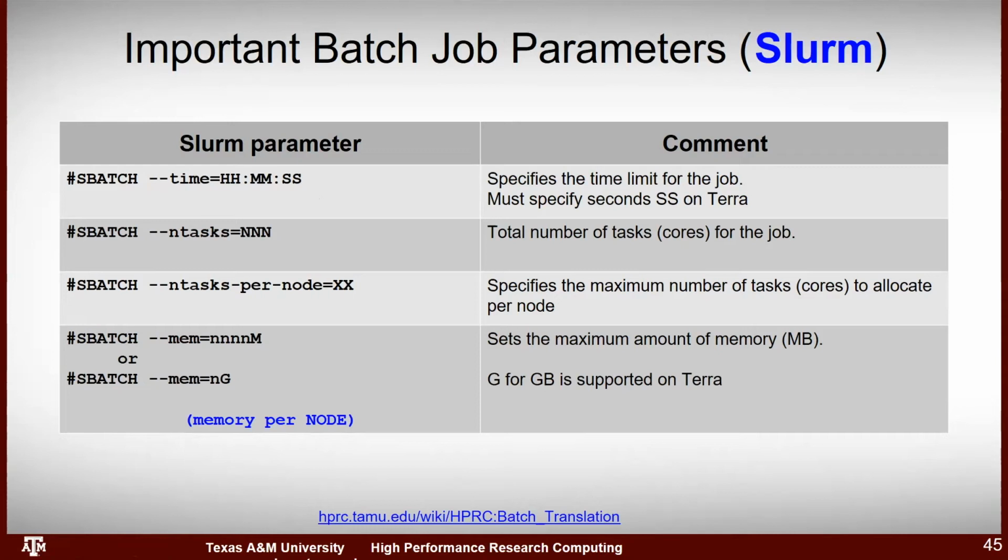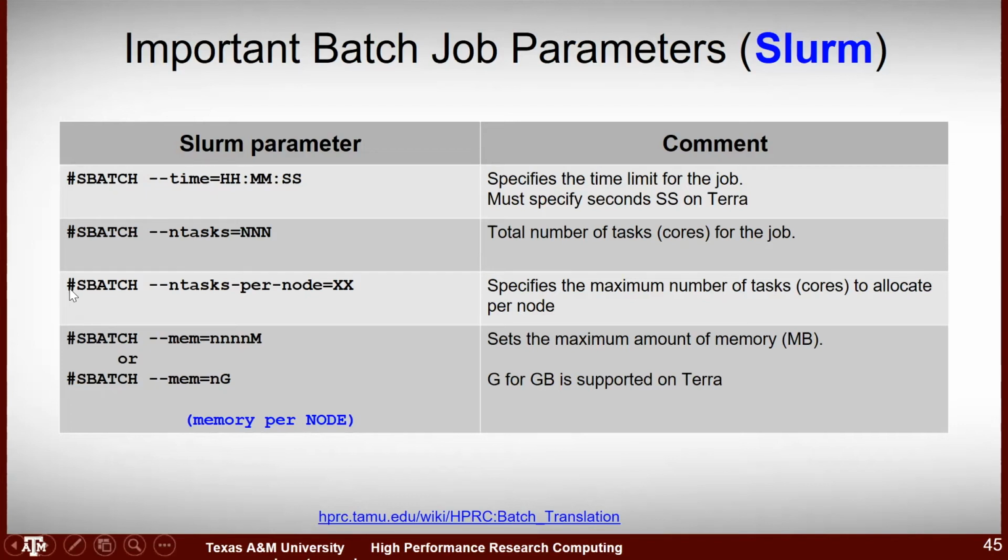And Slurm won't actually force you to use the core in this way. Slurm just needs some way to calculate how many cores you want. So n tasks equals and then a number. So you might write 1 or 48. Some number of tasks that is the total number of cores your job needs.